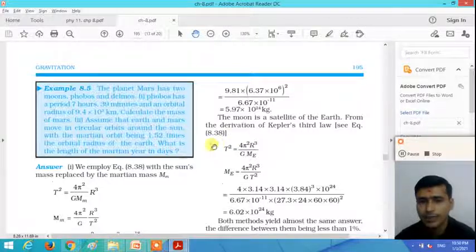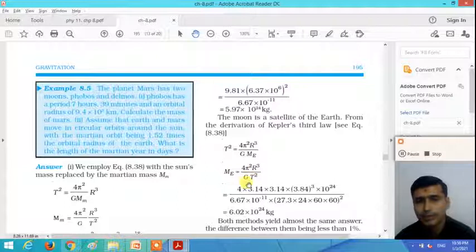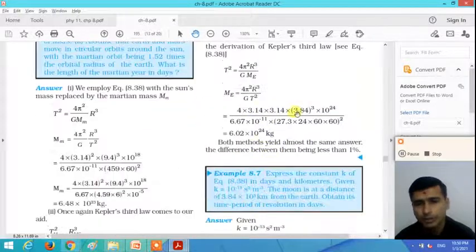The formula is capital T square equal to 4 pi square R cube divided by G ME. So ME is equal to 4 pi square R cube divided by G T square. The value of pi is 3.14, R is 3.84 into 10 raised to 8 whole cube, so 3.84 cube into 10 raised to 24, divided by capital G, 6.67 into 10 raised to minus 11, and the periodic time of the moon, 27.3 days, that is 27.3 multiplied by 24 multiplied by 60 multiplied by 60 seconds.